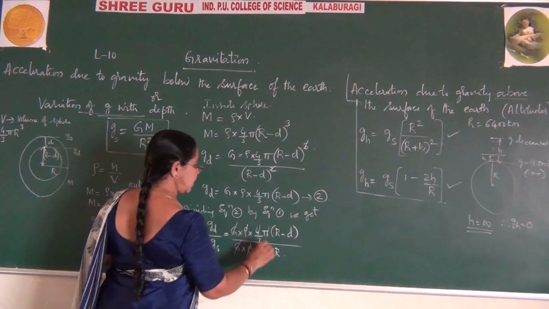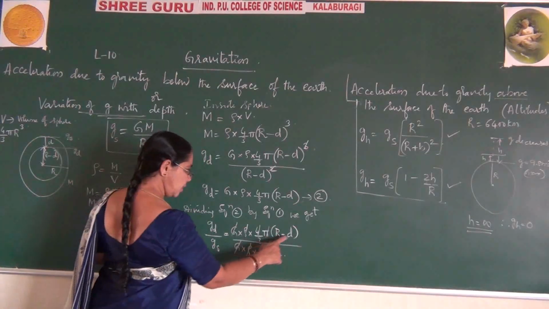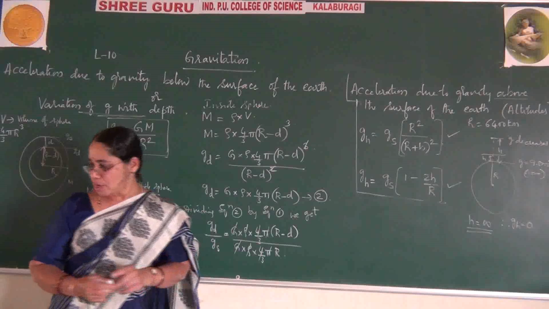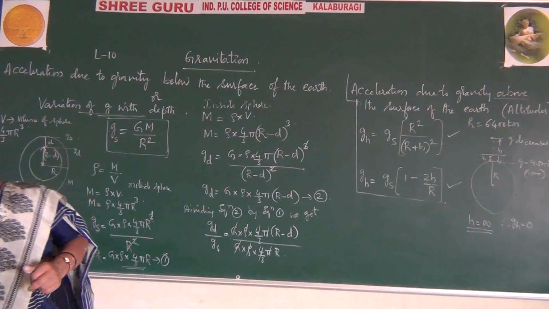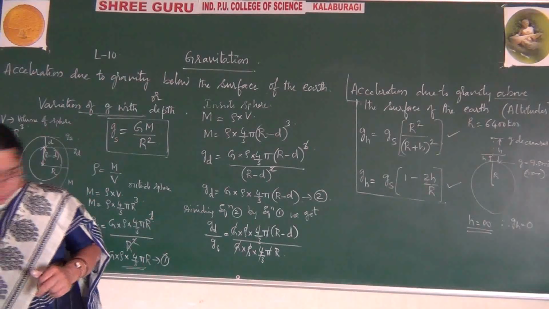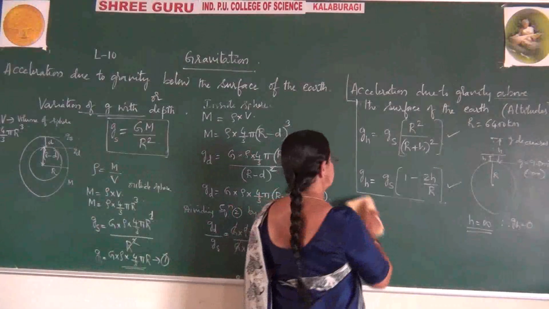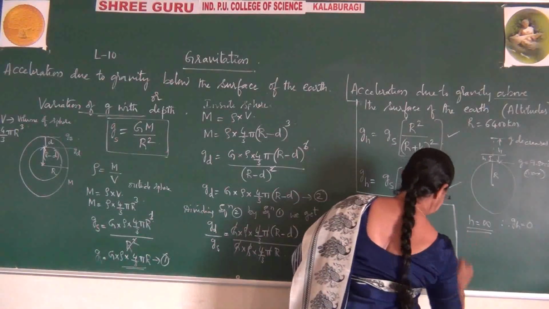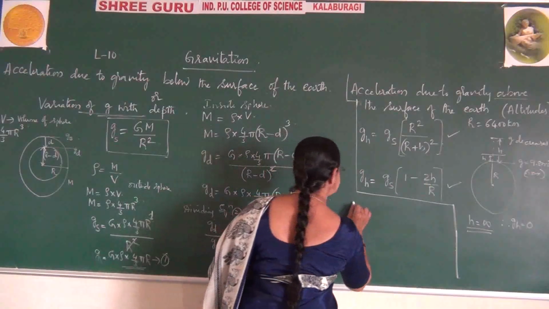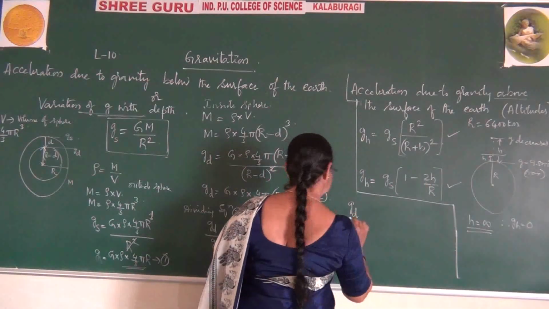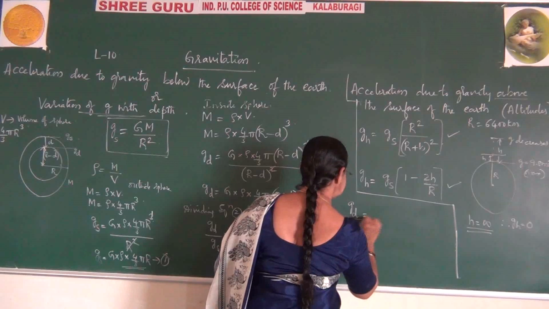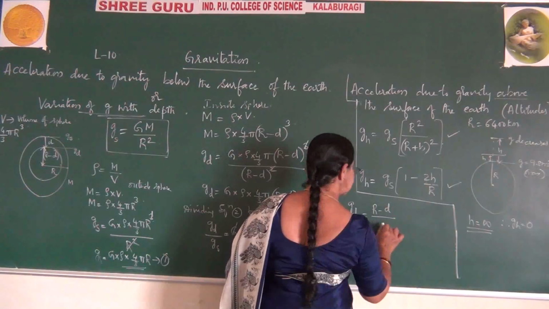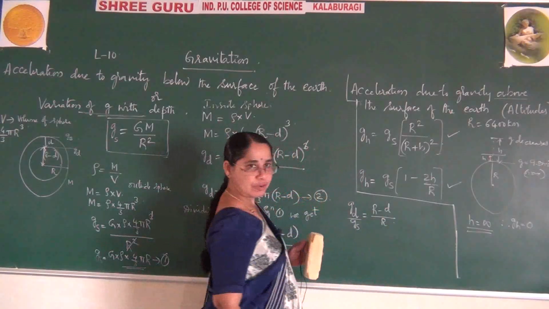Only left out is (R minus d) by R. Here I'll write g_d by g_s is equal to (R minus d) by R. This is what we have.